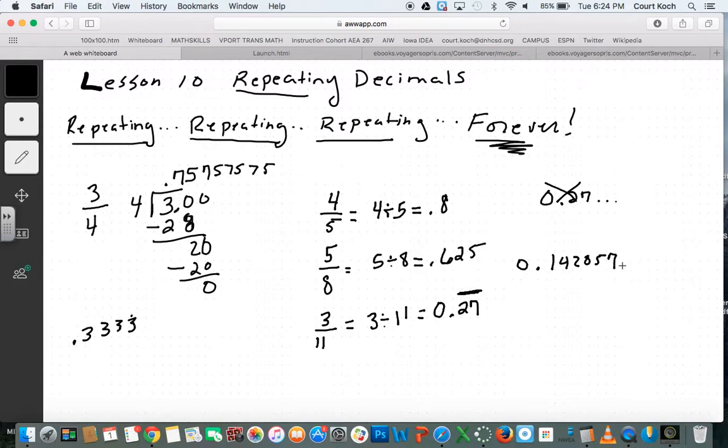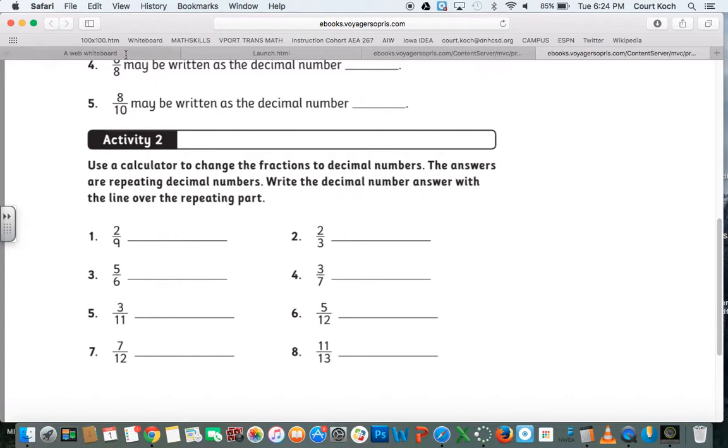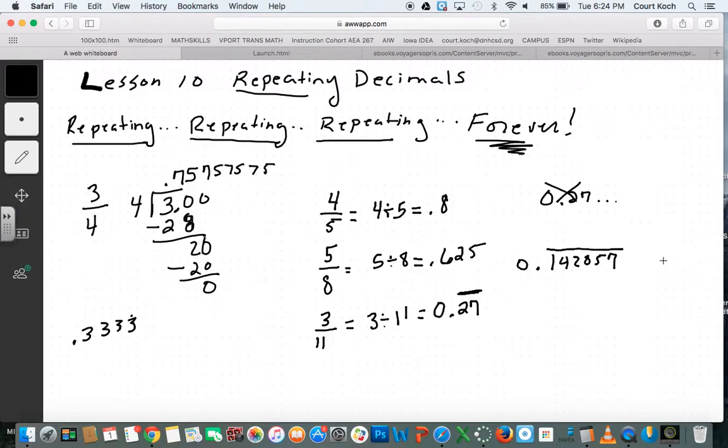Rather than trying to write those same numbers over and over again, I put a bar over all those numbers. I don't put a bar over the 0 because the 0 doesn't repeat, just the 142857. What this tells the reader of your math problem is, hey, this number keeps going on and on. The bar above the top only goes above the numbers that are repeating.